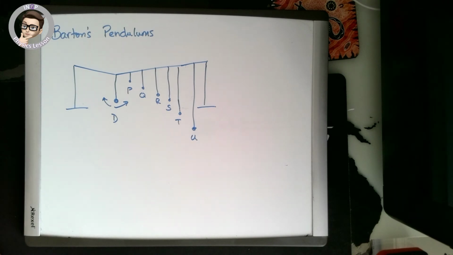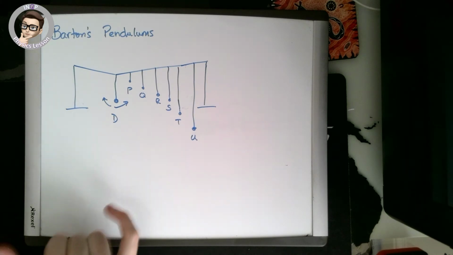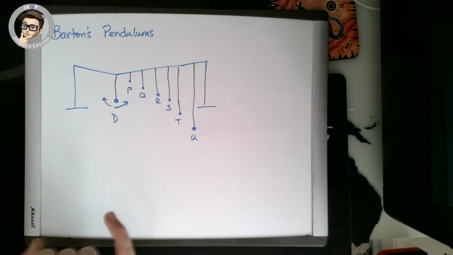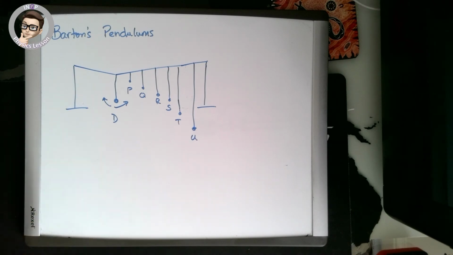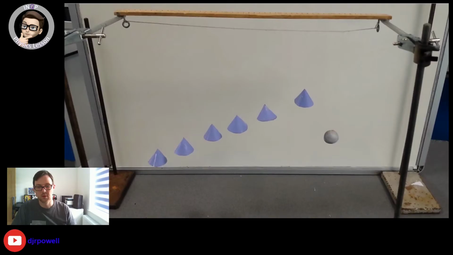But what I would like you to do is, whilst you're thinking and watching the video, think which one of these is going to be driven at resonance, and why is it going to be driven at resonance. So let's have a look at Barton's pendulums and see how that works together.